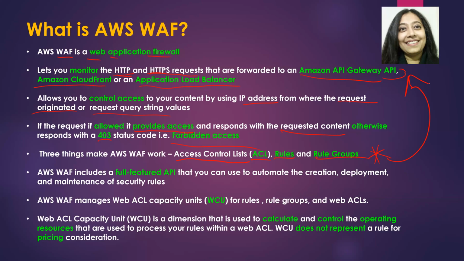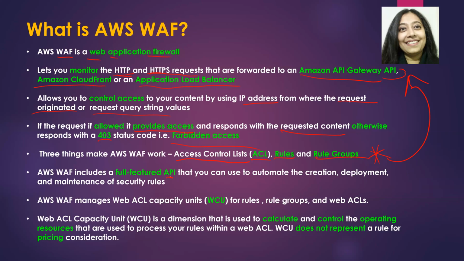And AWS WAF typically protects or monitors requests going to your API, CloudFront, and application load balancer. Now, AWS WAF includes a full-featured API as well. And these APIs allow you to automate the creation, deployment, and maintenance of security rules.